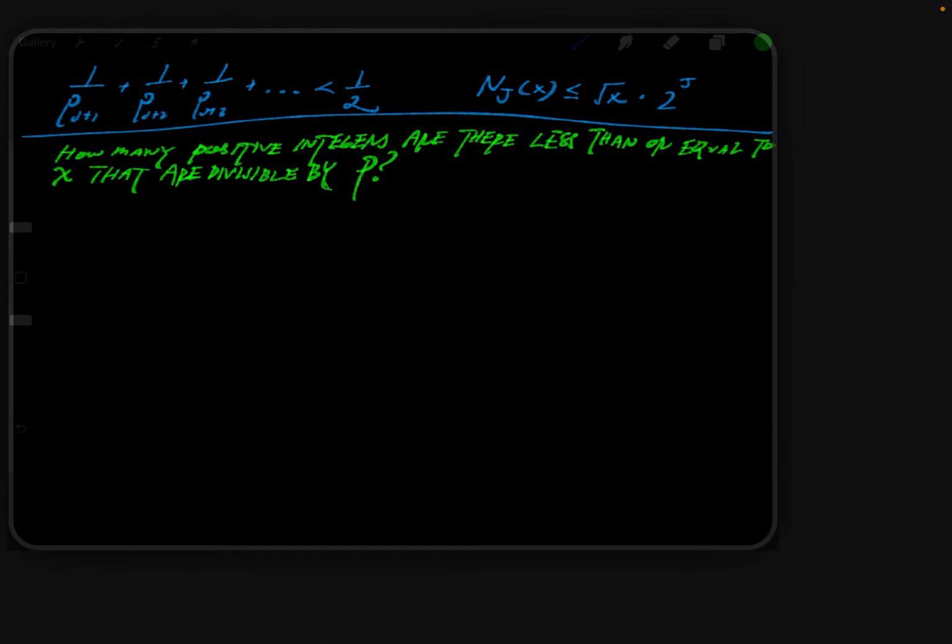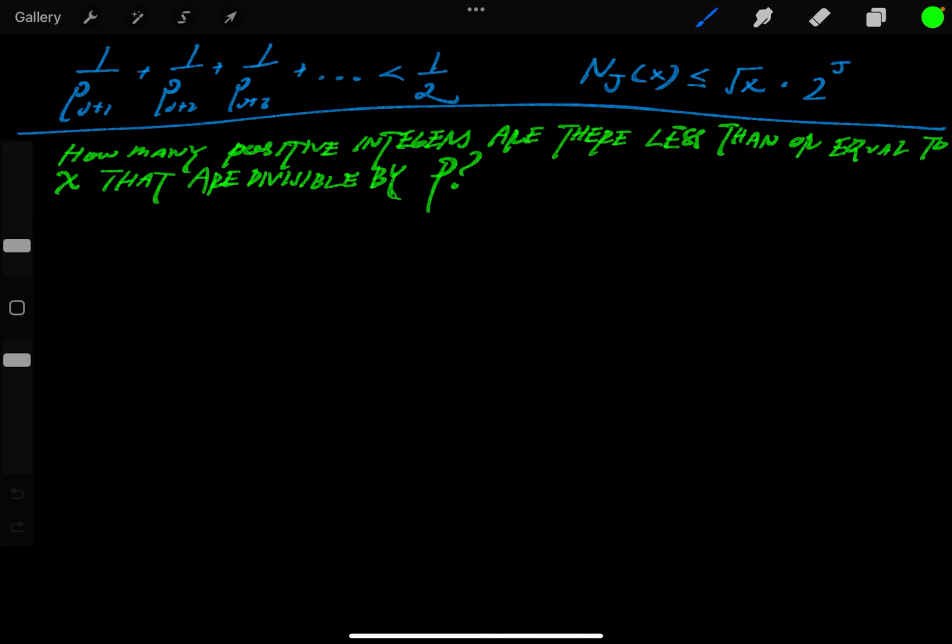Okay? So how many positive integers are there less than or equal to x that are divisible by p?